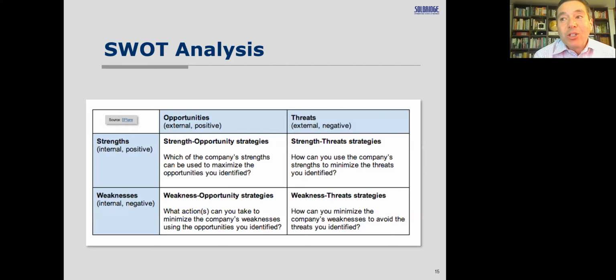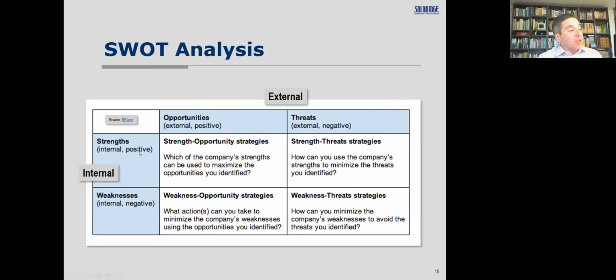And the two dimensions are the external dimension, what is outside your company, and the other dimension is the internal dimension, the capabilities and resources inside. So outside, inside. So this is internal and external. Those are the dimensions. And of course, according to this two by two matrix, you have the extreme positions.